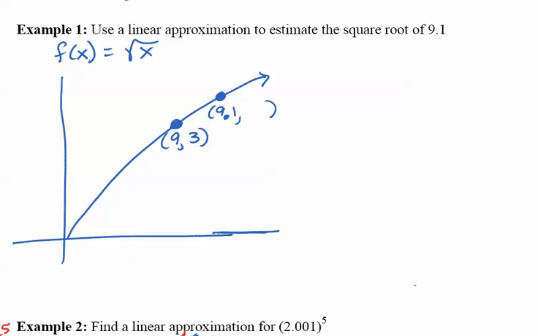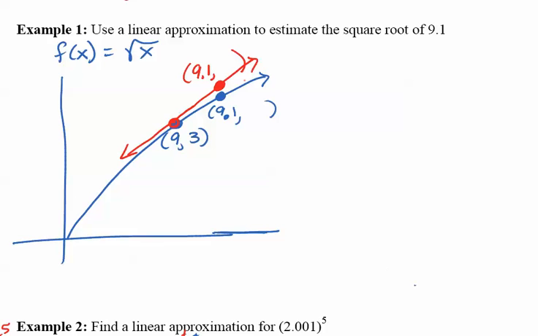So I find an easy point in the neighborhood, and then I find the equation of the tangent line at that easy point. So then, once I have the equation of the tangent line, I can put 9.1 into the tangent line equation. That's a much easier calculation.